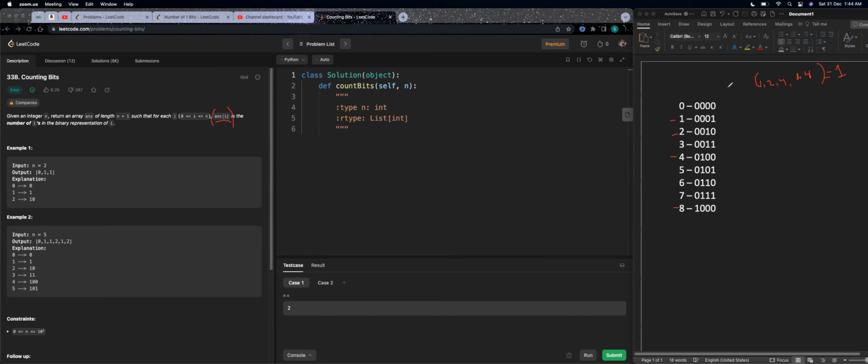The next thing that we would like to find in this pattern is that the number of 1 bits at integers that are not a power of 2 is equal to 1 plus the number of 1 bits of the integer at position i minus the last integer that was a power of 2.